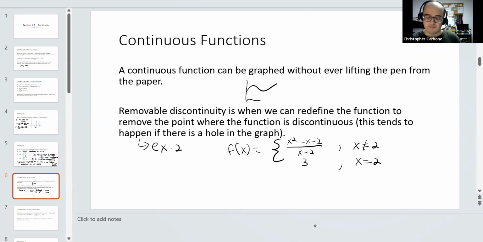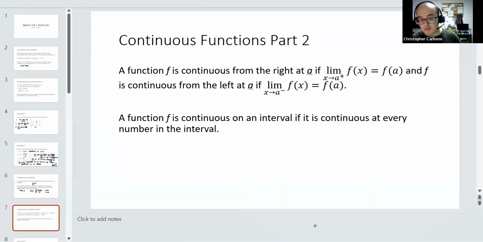For example, a function f is continuous from the right at a if the limit as x approaches a from the right of f of x is equal to f of a, and f is continuous from the left at a if the limit as x approaches a from the left of f of x is equal to f of a. A function f is continuous on an interval if it is continuous at every number in that interval.